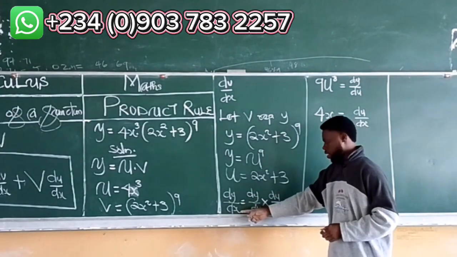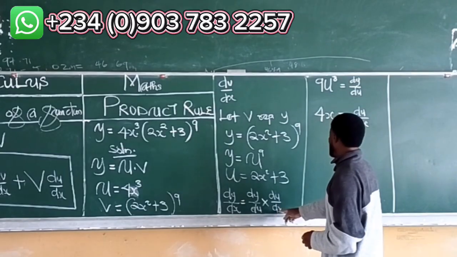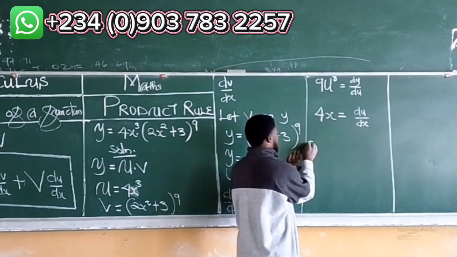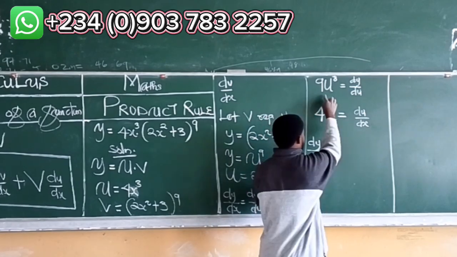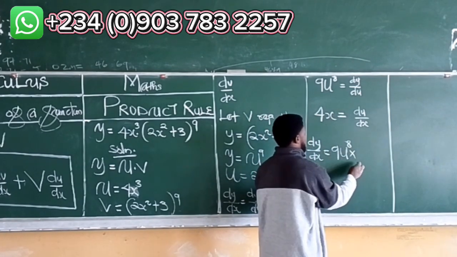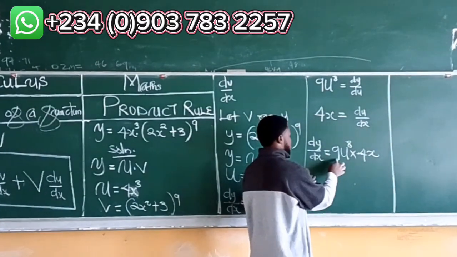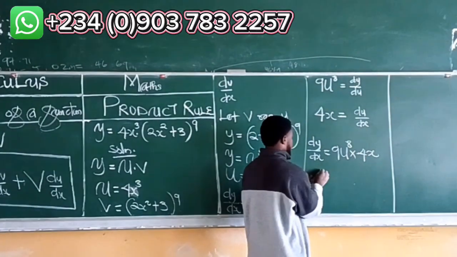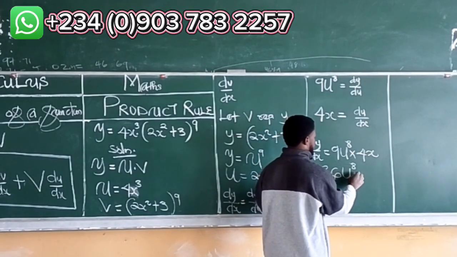dy over dx becomes dy over du times du over dx. So that means dy over dx will equal 9u raised to the power of 8 times 4x. So that will give 9 times 4 is 36, u raised to the power of 8, times x.